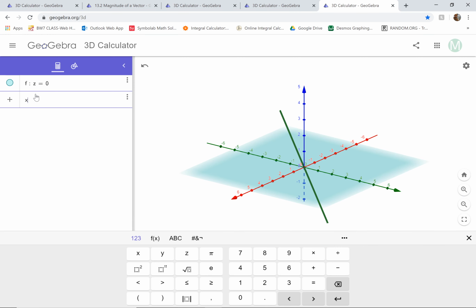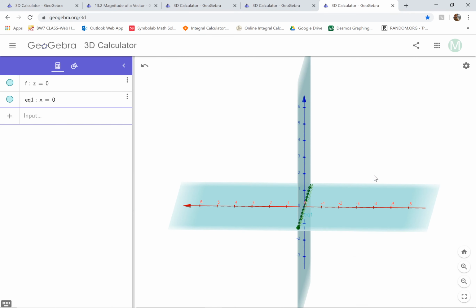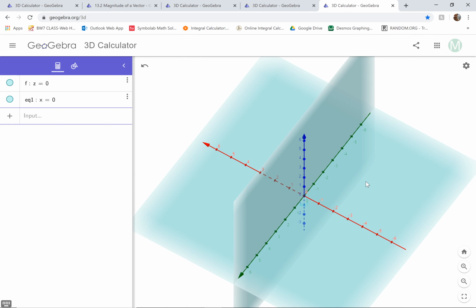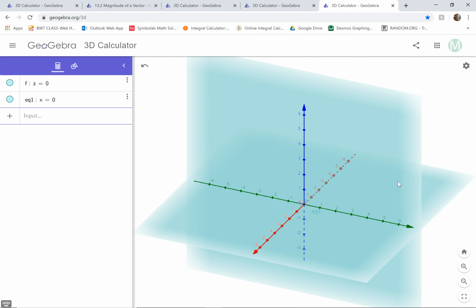The way you want to interpret that is that the other two variables, y and z, could be anything. You can think of that plane as a collection of ordered pairs that all have in common that their x coordinate is 0, but y and z can be anything else.